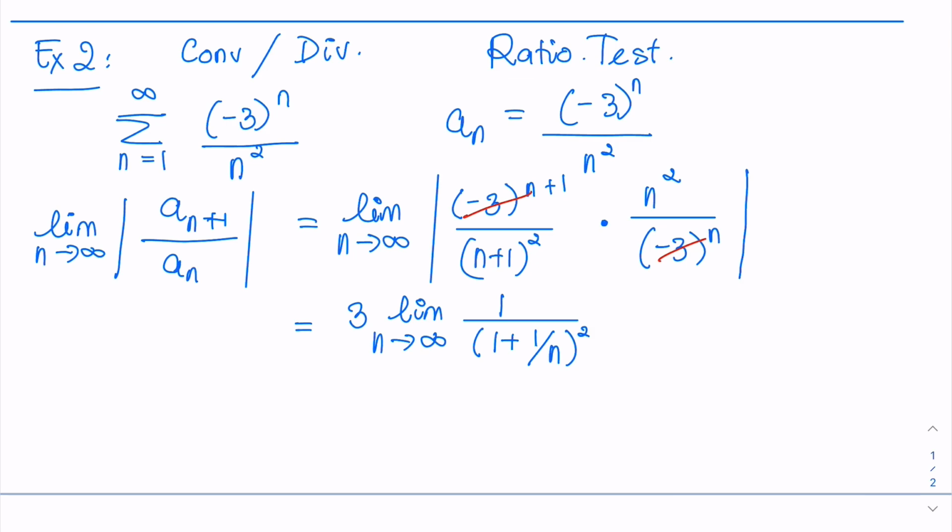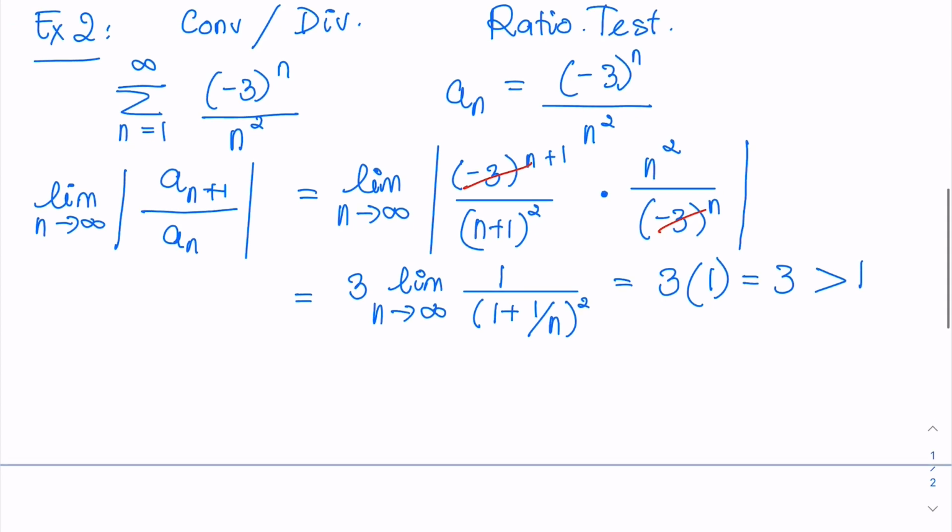By the way, since I'm working with the limit, I just divide everything by the LCD. So you see right here on the bottom, we have 1. So the limit is going to be 3 times 1 equals 3, which is greater than 1. So the series is divergent by the ratio test.